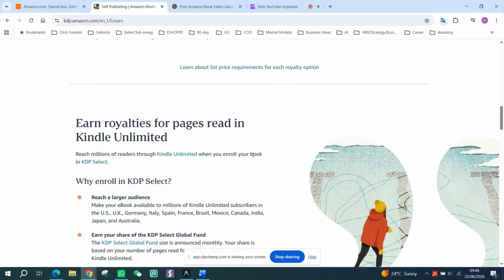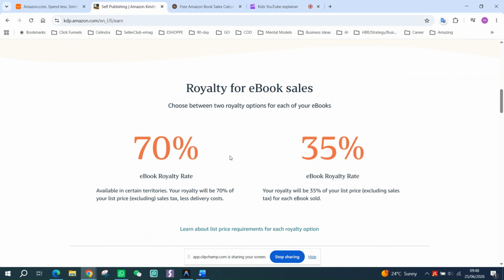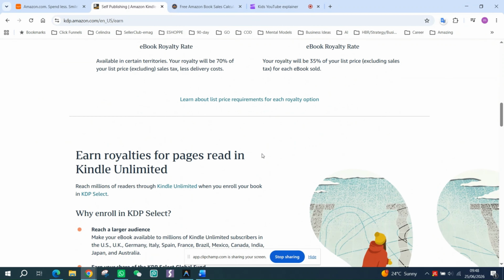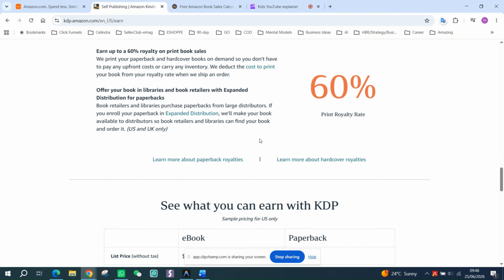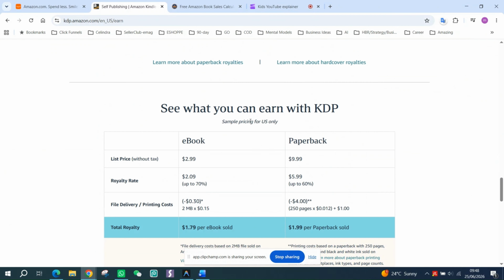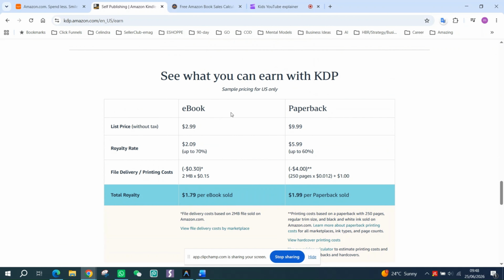So what they say here, look, they have between 70 and 35%. They explain why it's that different, and here at the bottom of the page, you can see what you can earn from an ebook.